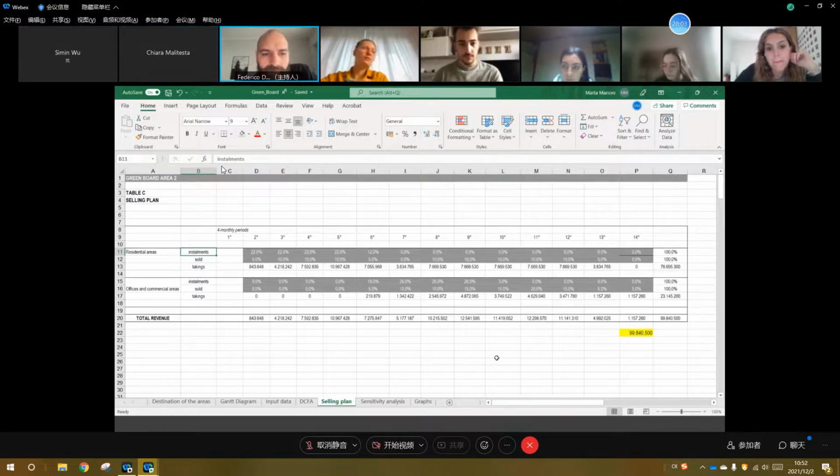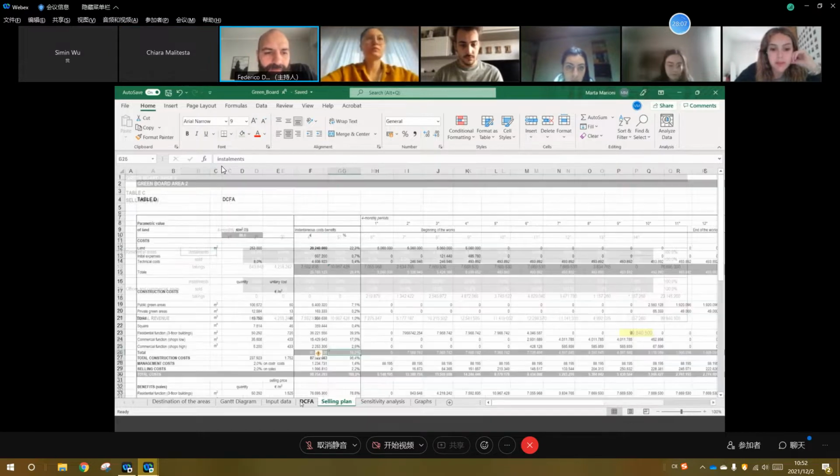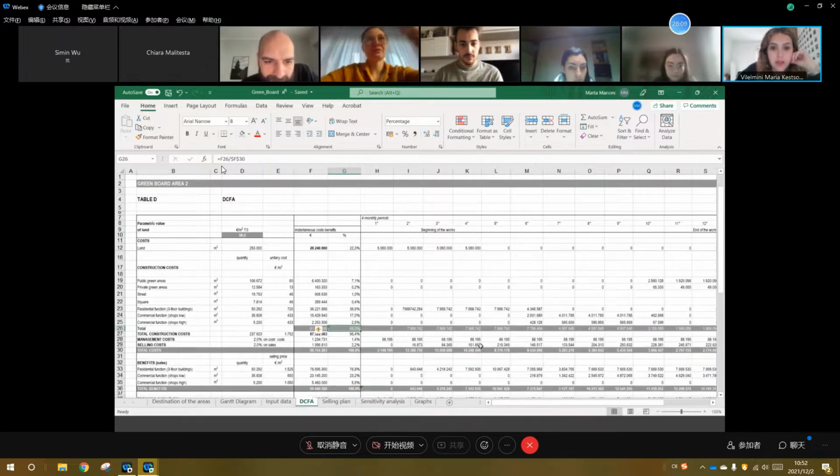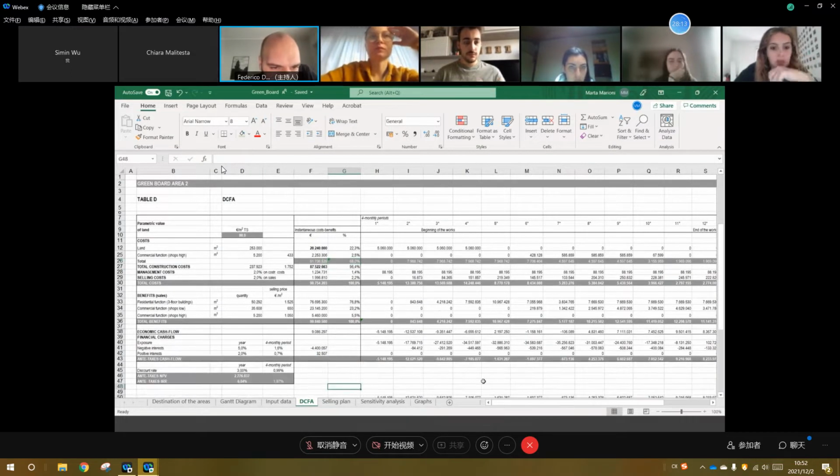So you have also completed the discounted cash flow analysis. Yes, where you will change something, but we can see the first result. In your case, you have a positive net present value and a good internal rate of return.